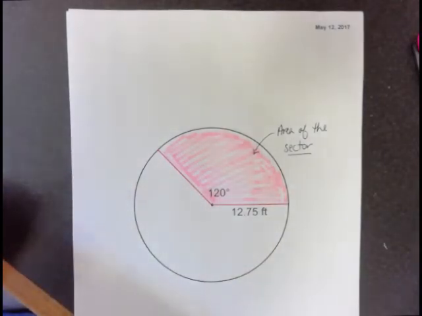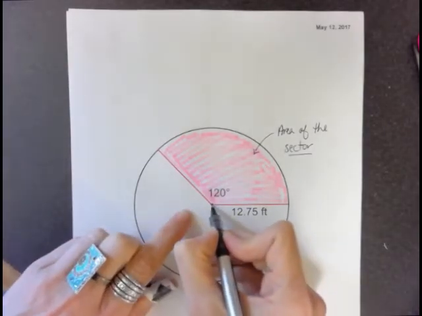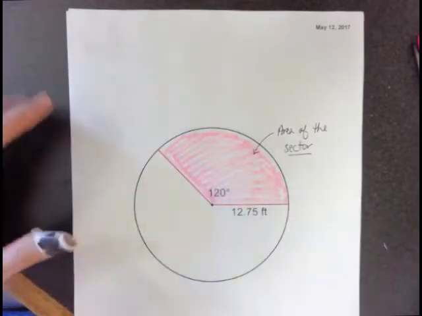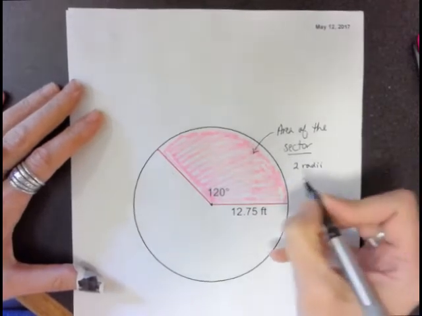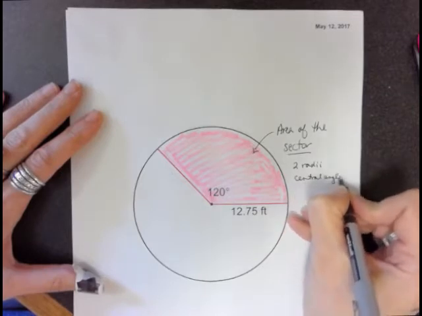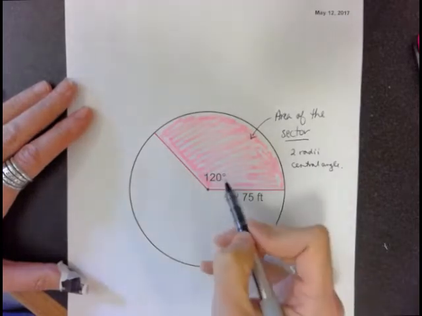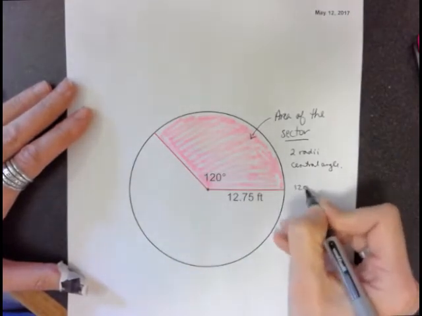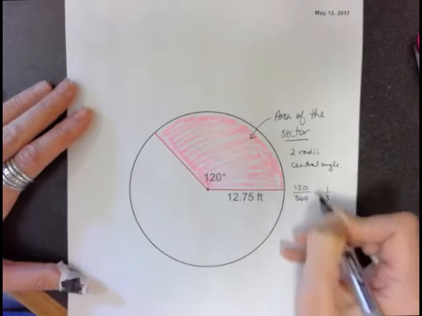And we note that a sector comes from the center. So it's still made by 2 radii. And we still have to pay attention to the central angle. So we know, again, 120 is 1/3 of 360.